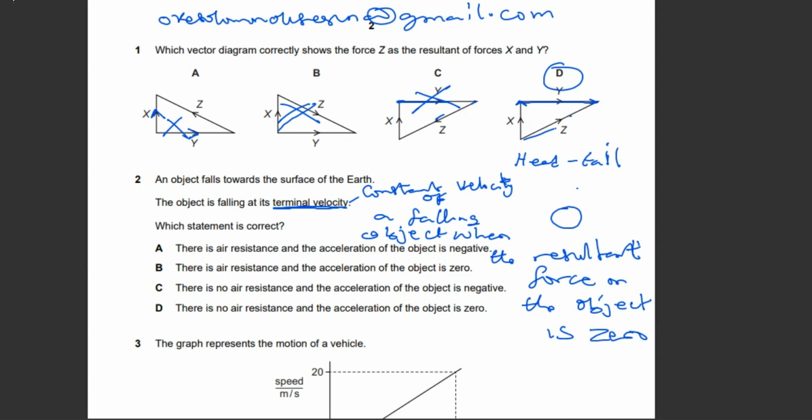So take note of important things there. It has to be a constant velocity, or you can say constant speed, when the resultant force must be 0. So let's talk about the forces acting on a falling object. Please, I'm going to clean up this so that I can have space.